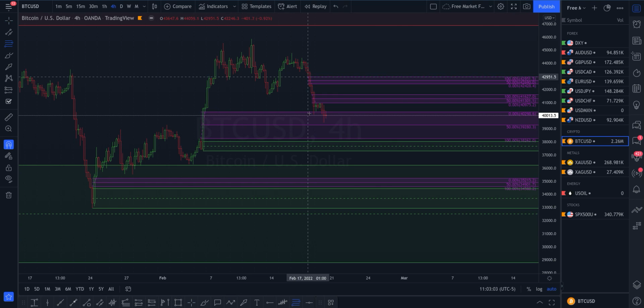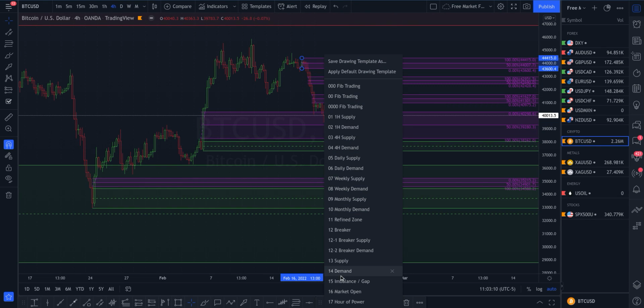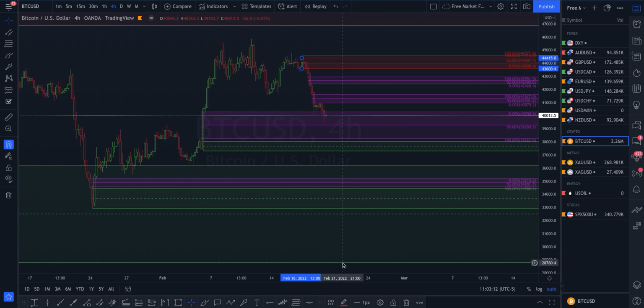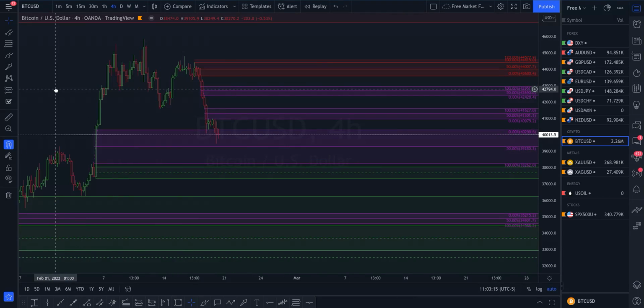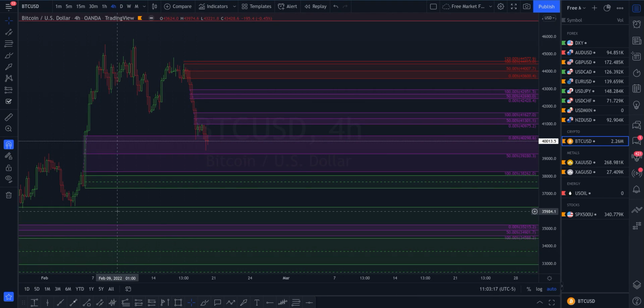I can see us coming off of this order block right here, possibly. We do have a breaker right there. This got filled.